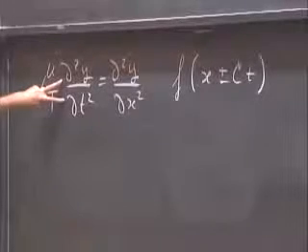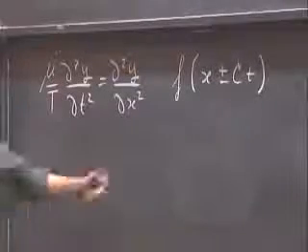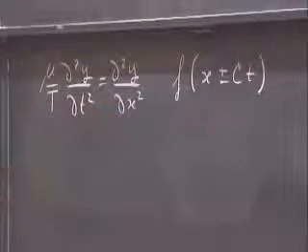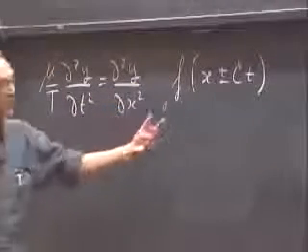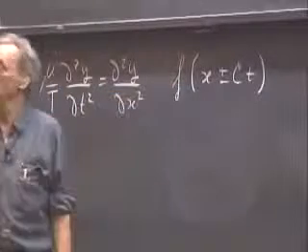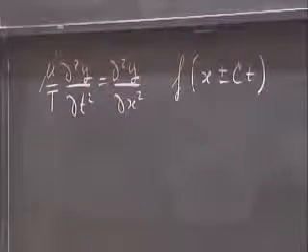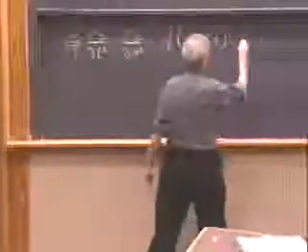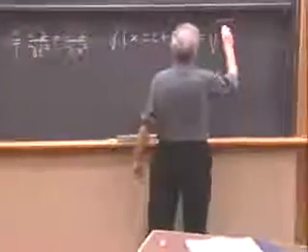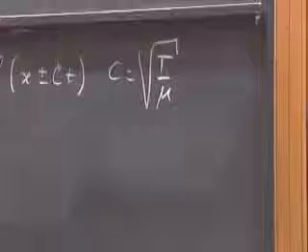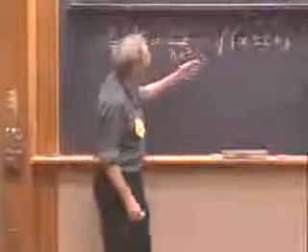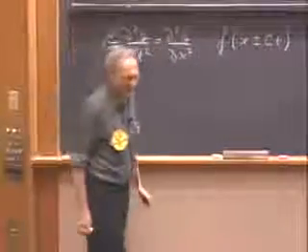Take the second derivative in time, you get a c square out, and you get the second derivative of the function. Take the second derivative in x, you only get the second derivative of the function, and that's all. So all it requires is that c is the square root of t divided by mu. Then, I bet you a month's salary that any single-valued function will satisfy this differential equation.